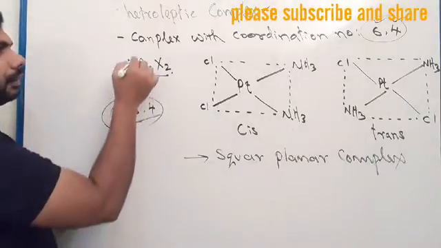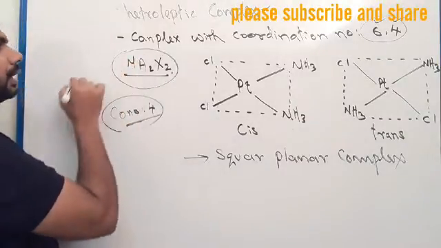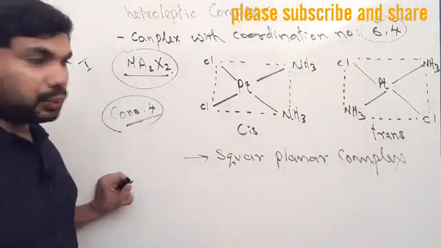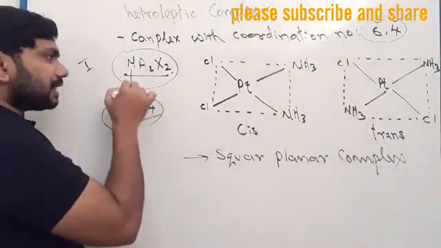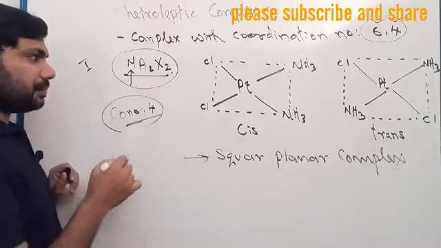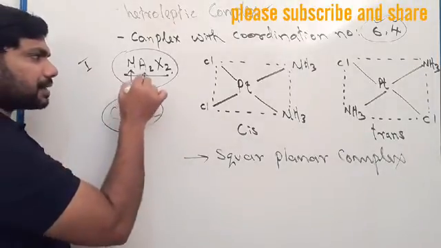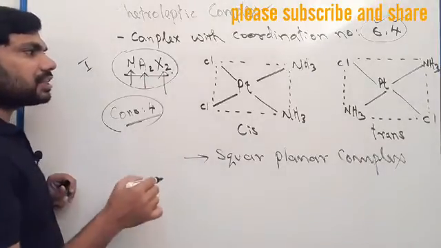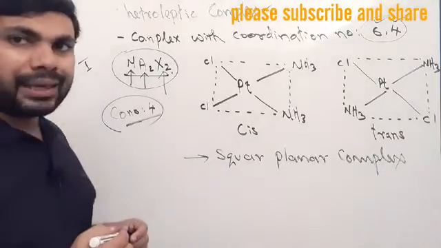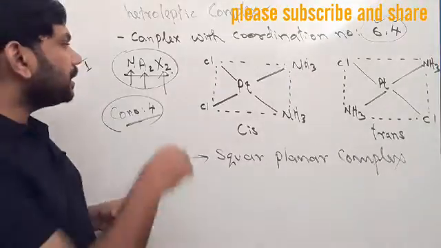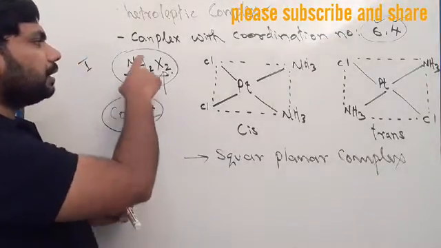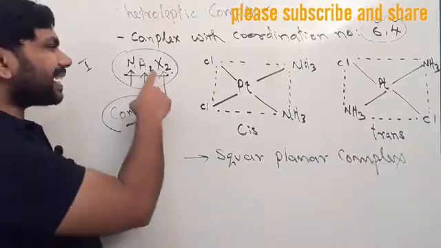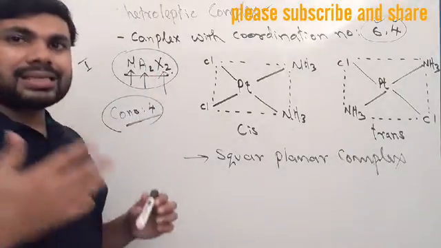Ma2X2 coordination compounds. Here M represents the central metal atom, A represents one type of ligand, and X represents another type of ligand. A2 means two ligands of the same type, and X2 means two ligands of another same type.